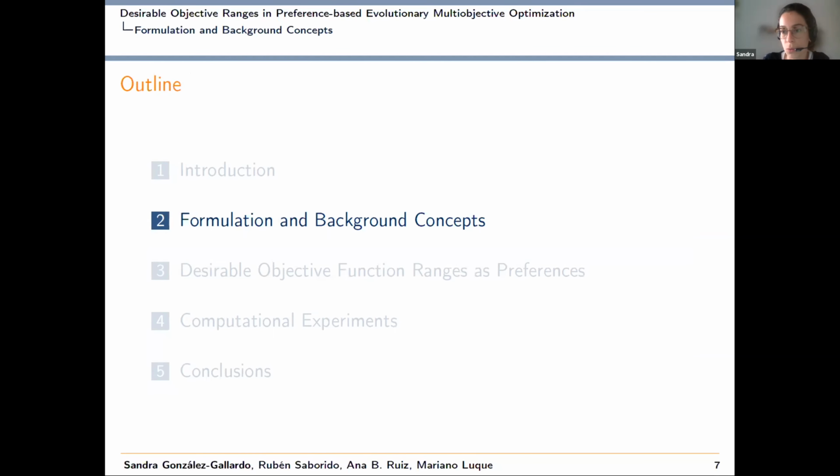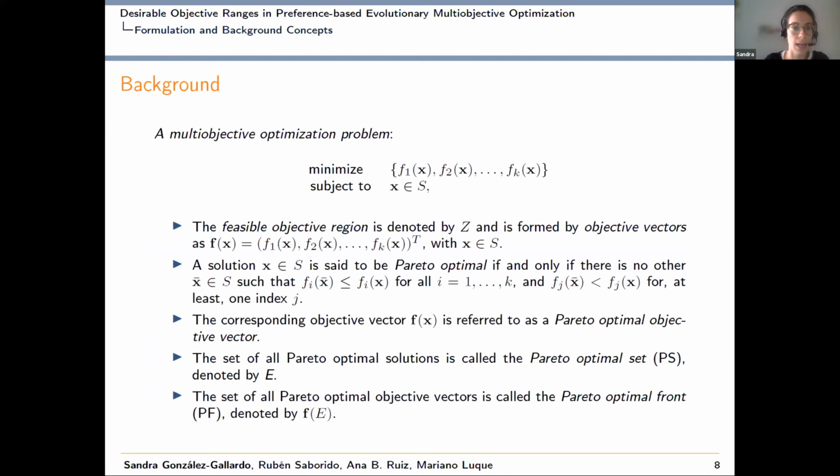Now, I'm going to describe some basic concepts about the multi-objective optimization field. A multi-objective optimization problem can be defined as follows: minimizing or maximizing a set of k objective functions over a feasible region denoted by S. The feasible objective region is denoted by Z. In this type of problem, a solution is said to be Pareto optimal if there is no other solution that verifies this inequality for all objectives and this strict inequality for at least one objective.